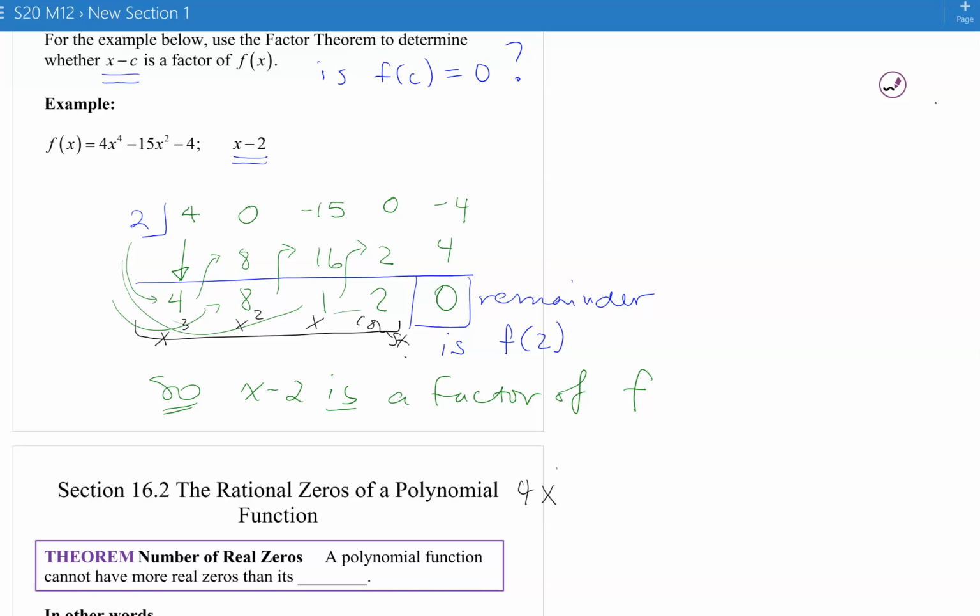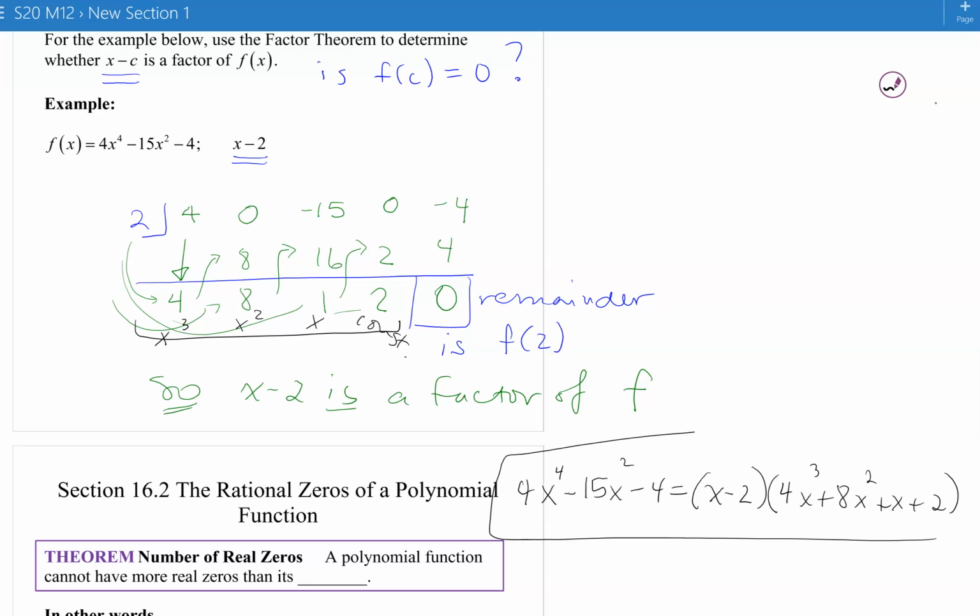What we've just figured out is that 4x to the 4th minus 15x squared minus 4 can be factored to x minus 2 and 4x cubed plus 8x squared plus x plus 2. So make sure you're paying attention to all the things that you learn by doing one simple synthetic division. You've learned a lot.